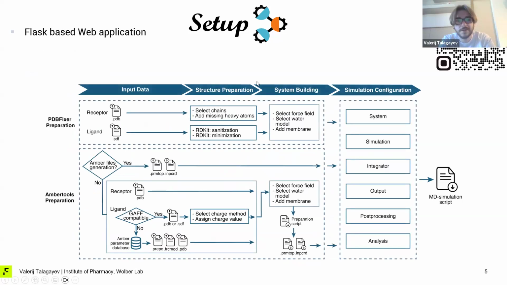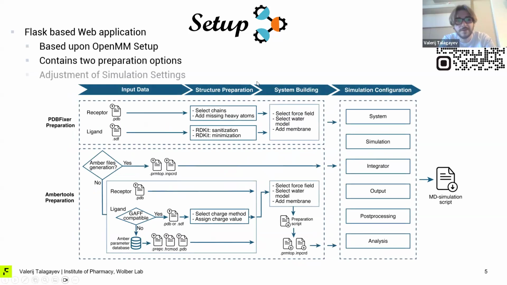And here is a more detailed overview of how it looks. It is based on OpenMM, the OpenMMDL setup, and it has 2 different options for preparing the files: the PDB fixer preparation and the Ember tools preparation.